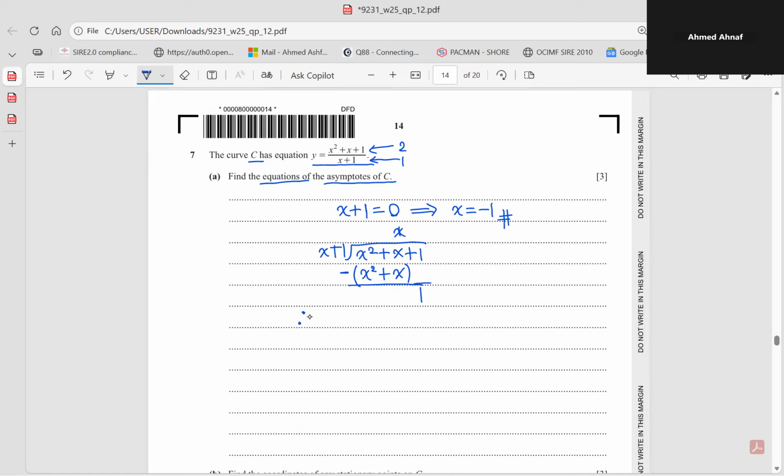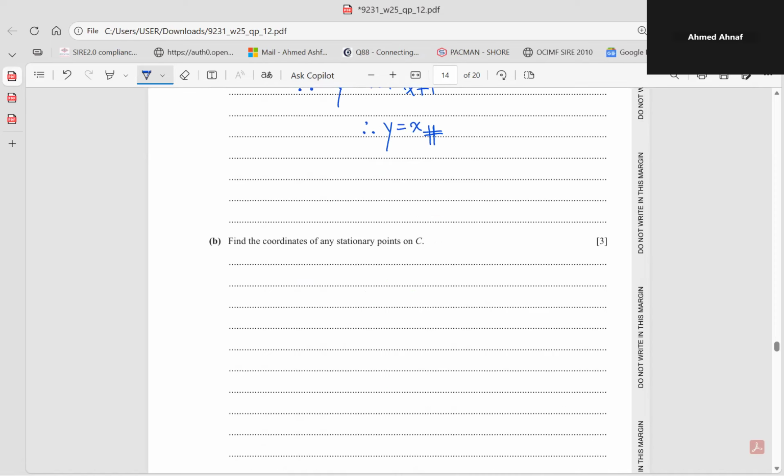So doing this, you get y equals x plus 1 over x plus 1. And then you take the limit as x approaches infinity. You will get y equals x as your oblique asymptote. So yeah, these would be our final answers for the first part. Let's move on to the next part.